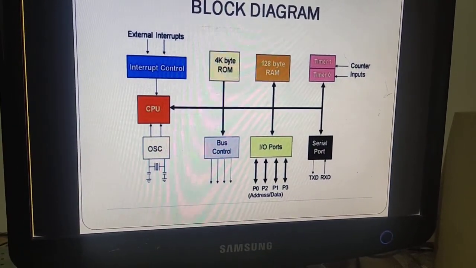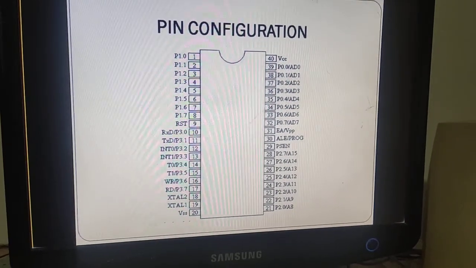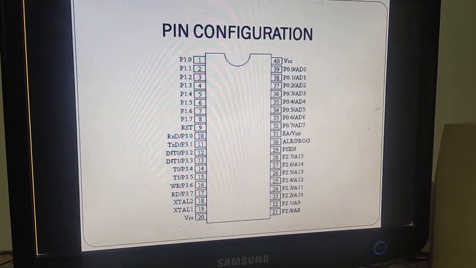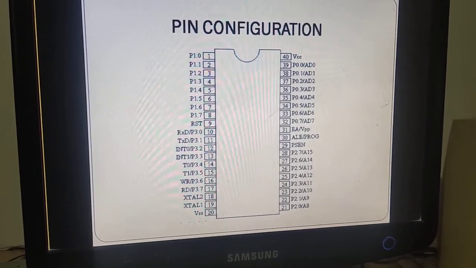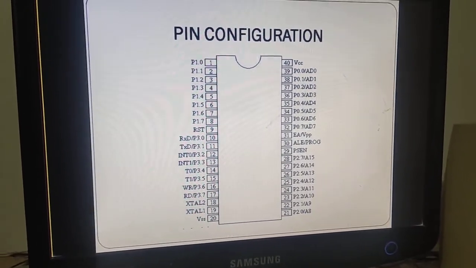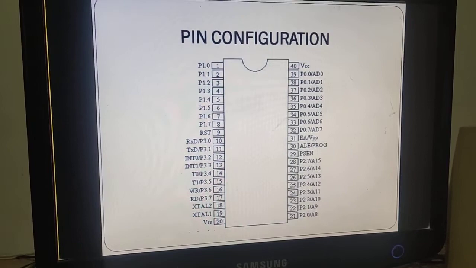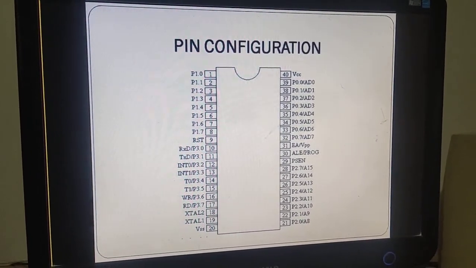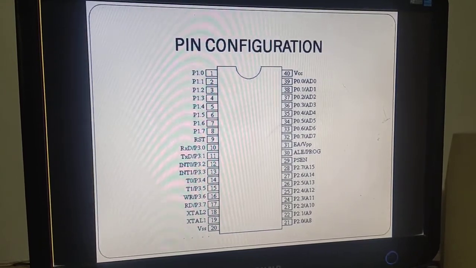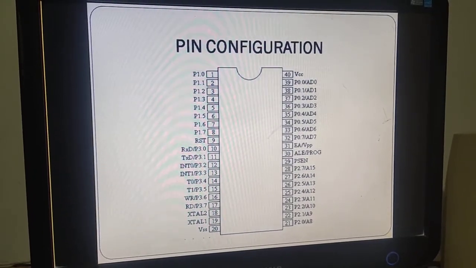Moving on. 8051 is a 40-pin microcontroller. You can see that it starts from pin number 1 to pin number 40, and there is a convex curve cut here.